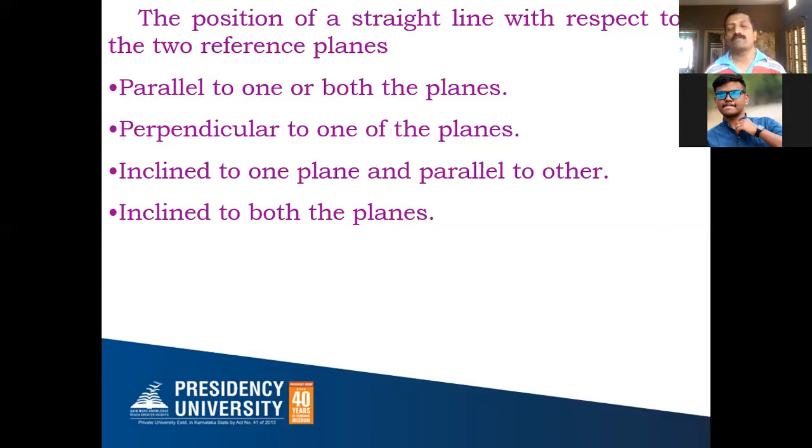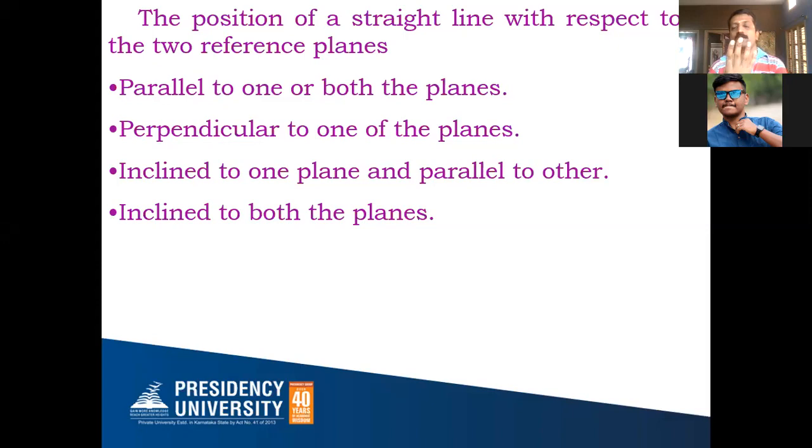So these are some of the representations we have to use. True length, the actual length of the line, is represented by TL. Apparent length is always less than the true length; it is your front view and top view length. True inclination, formed by the true length with respect to HP, is called theta, and with respect to VP, it is called phi.